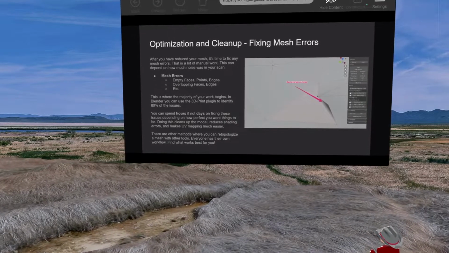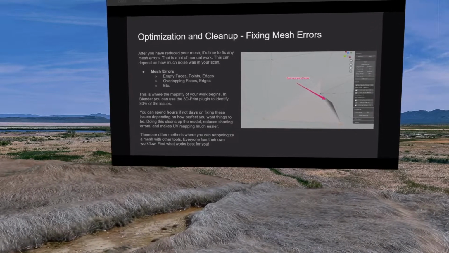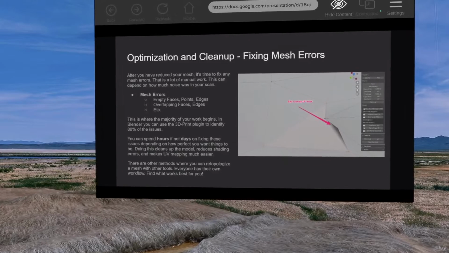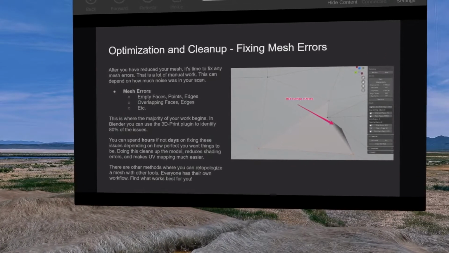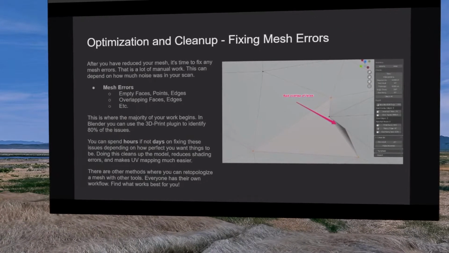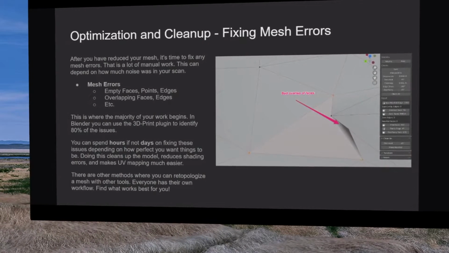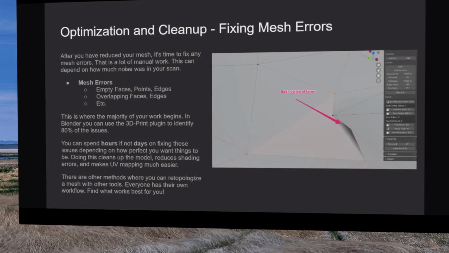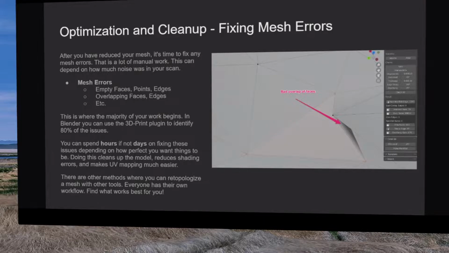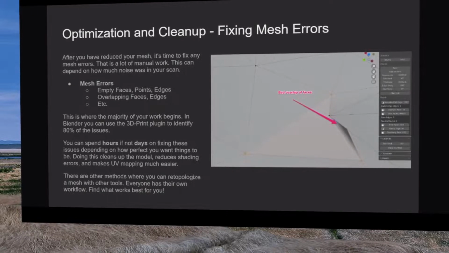When I click on one of those, everywhere in the mesh will highlight, and then I'll go ahead and try to fix those. Depending on how complex things are, this can take you anywhere from a day to a week. I'm always trying to optimize that process, but there is no magic bullet. This is where you spend the majority of your time.